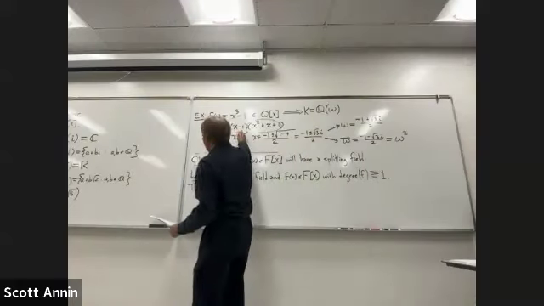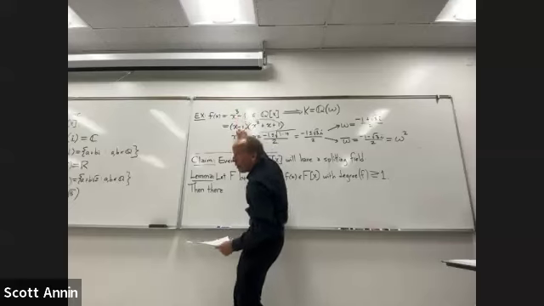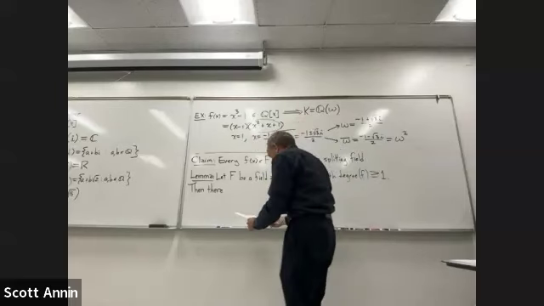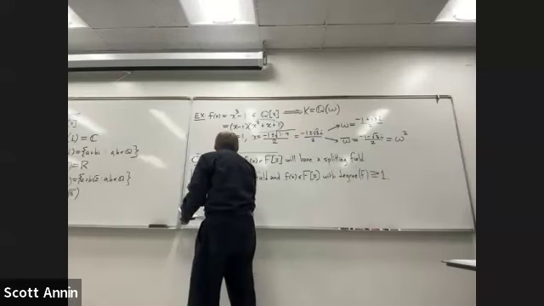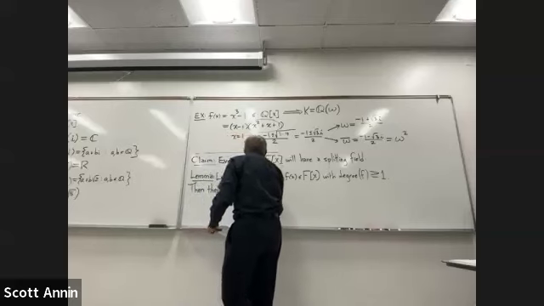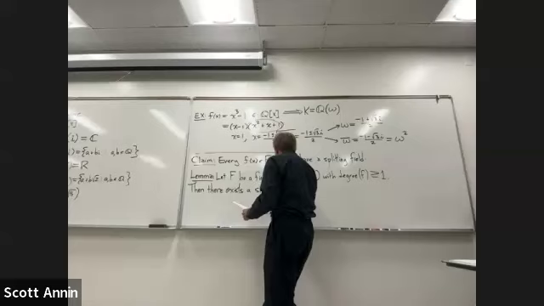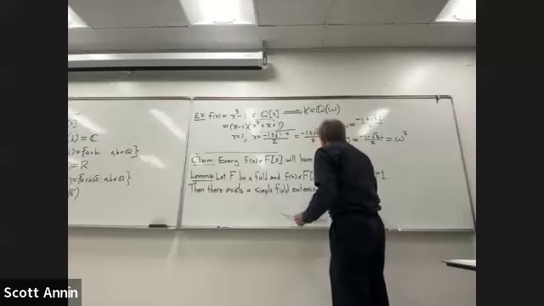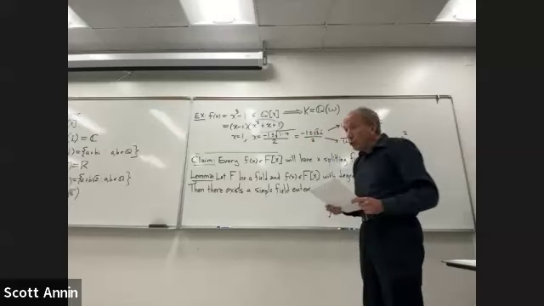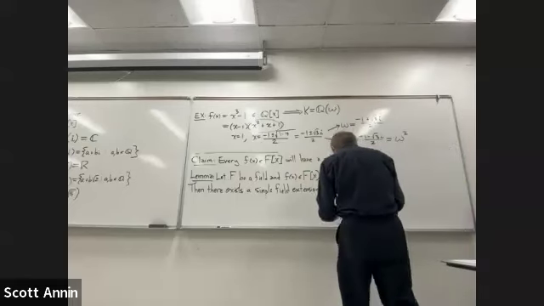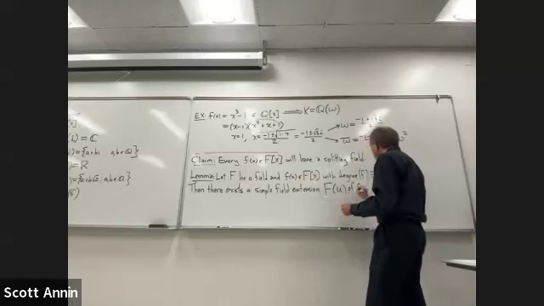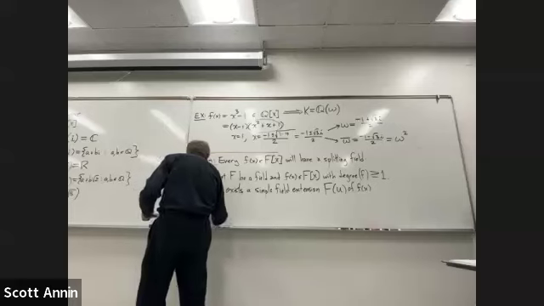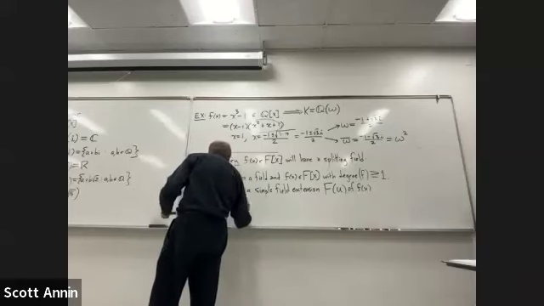Which is kind of what I did right here. I have 3 roots, I factored one of them out, and then looked at what I was left over with. Okay, so this is the idea about how this result works. So then there exists a simple field extension F of capital U, so we're going to adjoin some element u here, of f of x with f of little u equals 0.